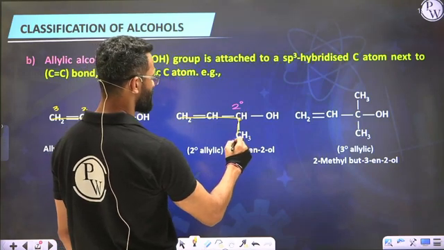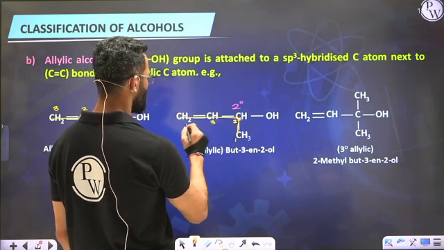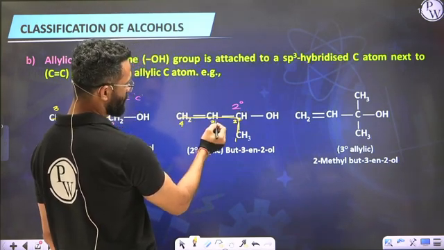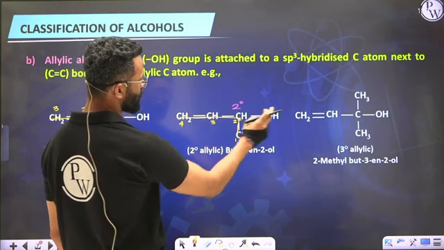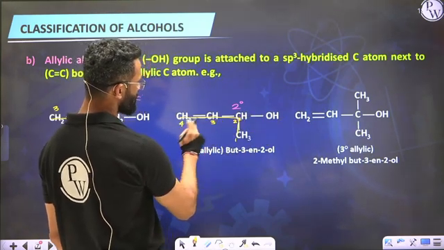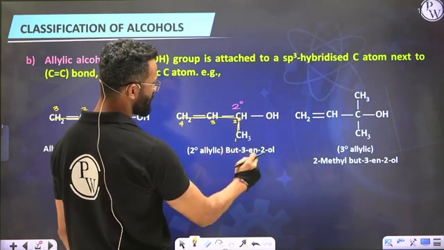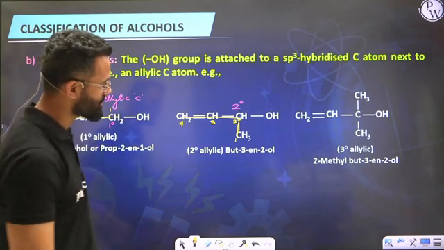So I'll start numbering from here: 1, 2, 3, 4. 4 meaning but. Double bond at 3, so but-3-ene, and then ol present at 2. So but-3-en-2-ol is the correct IUPAC name of this compound.